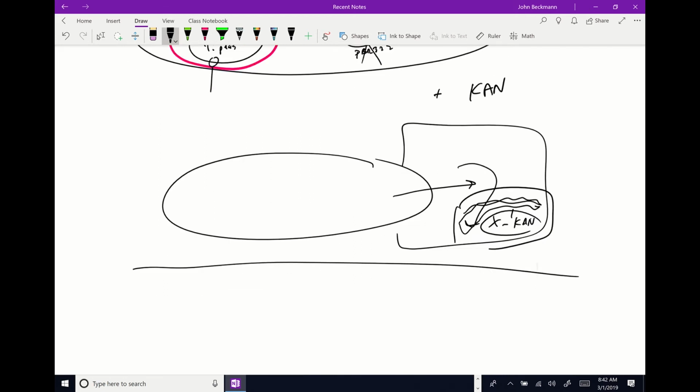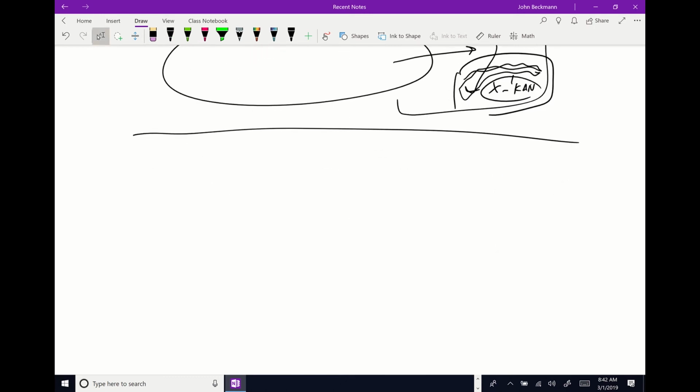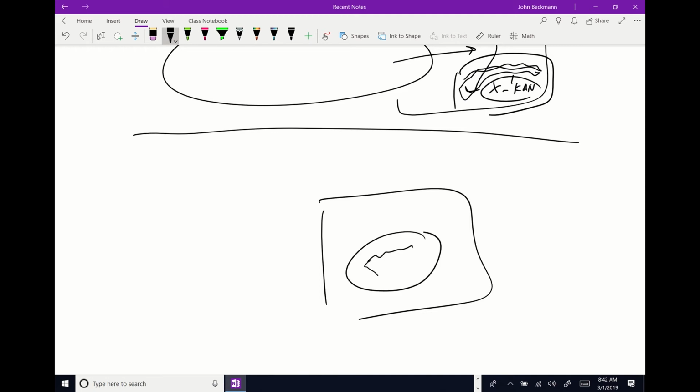But this is good that we're talking about the kanamycin, because what's interesting is when that kanamycin cassette, so you have X plus kanamycin, gets inserted into the plant nucleus, we can actually select for the plant, select for the transgenic plant based on the kanamycin cassette.